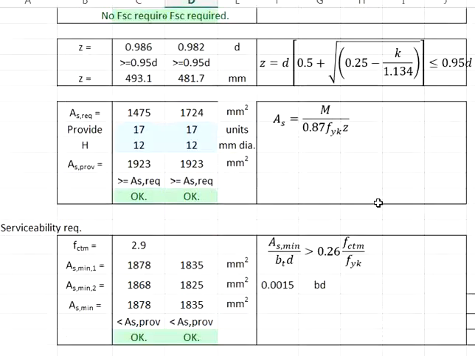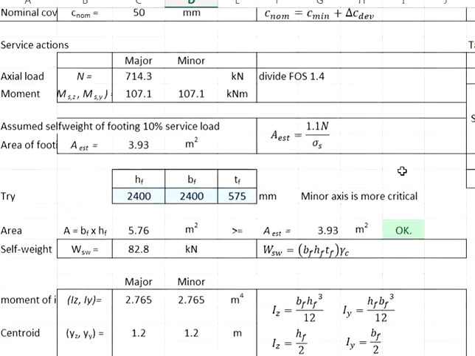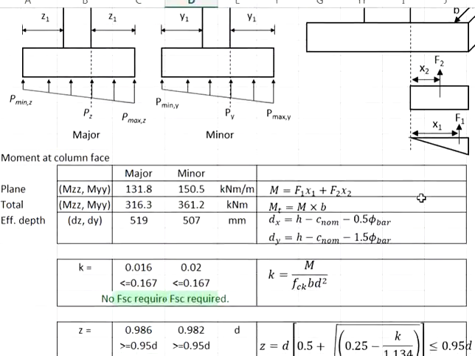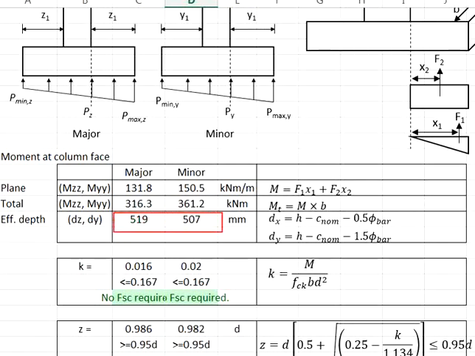If you observe the calculations, remember previously we mentioned the minor axis will be more critical when we provide a square section for the pad footing. This is mainly due to the smaller effective depth in the minor axis.